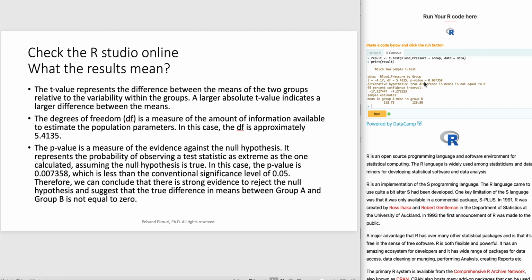So therefore, we can conclude that there is strong evidence to reject the nil hypothesis and suggest that the true difference in means between group A and group B is not equal to 0. Hence, there is a difference between data sets before the treatment and after the treatment. It means that our treatment is again doing something, which is a change, a real change, when compared to before the treatment.